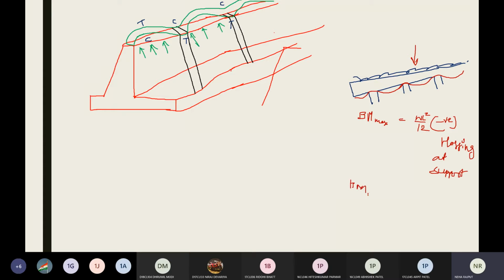And maximum bending moment at mid span, that will be WL square by 20. That will be the positive one, positive because that is the sagging. Right, at mid span. So this is the deflection in stem part. So here at this mid span, you are getting the positive moment.